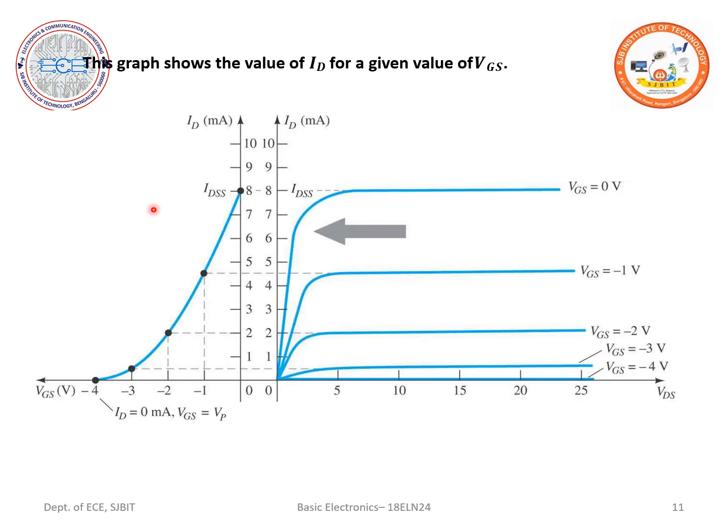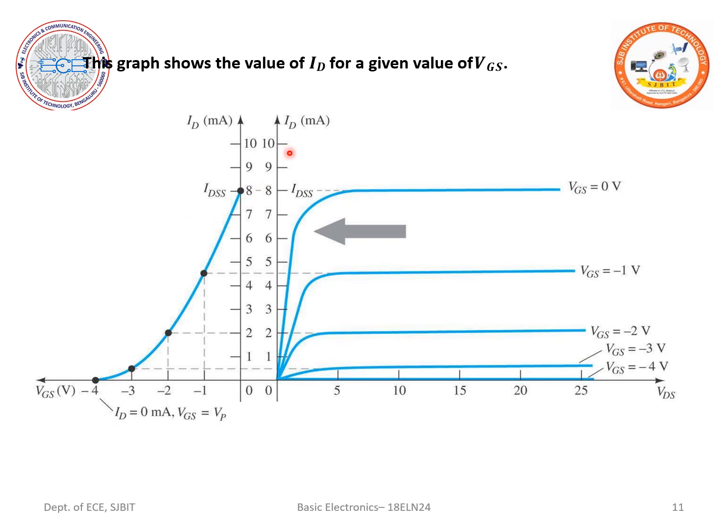Let us have a look at the transfer characteristic. We can study the characteristics of the N-channel JFET and P-channel JFET in two forms. One is the transfer characteristic and the other one is the drain characteristic. For the transfer characteristic, we plot a graph of ID versus VGS, keeping VDS as constant, and for the drain characteristic, we plot a graph of ID versus VDS by keeping VGS as constant.